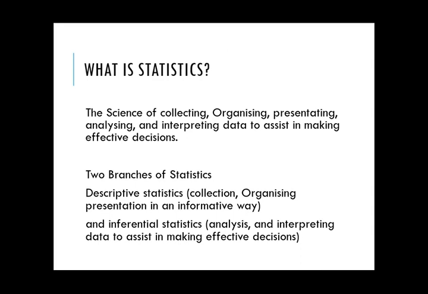It entails the collection of data, organizing the collected data, presenting the data in an informative way, then going further to analyze the data, and finally interpreting the results of the analysis to assist in effective decision making. So we say that it's a science of collecting, organizing, presenting, analyzing, and interpreting data to assist in making effective decisions.